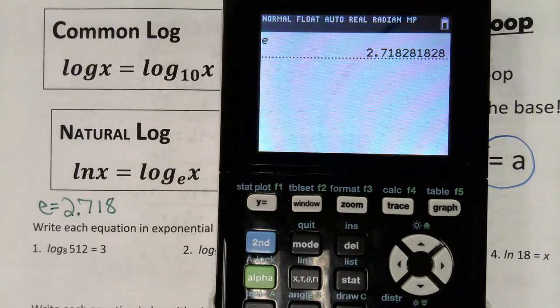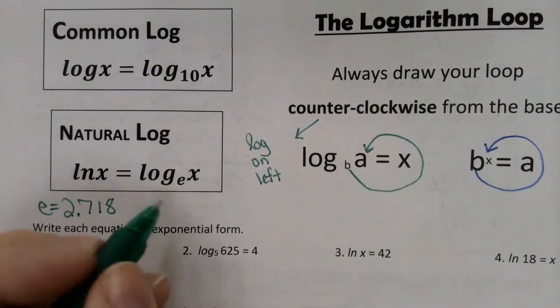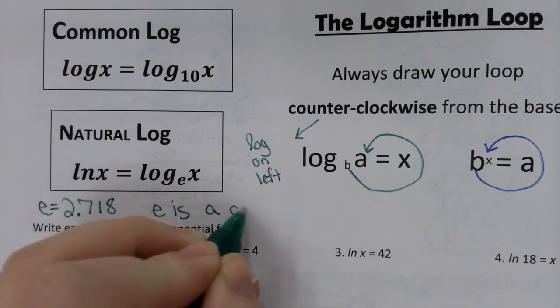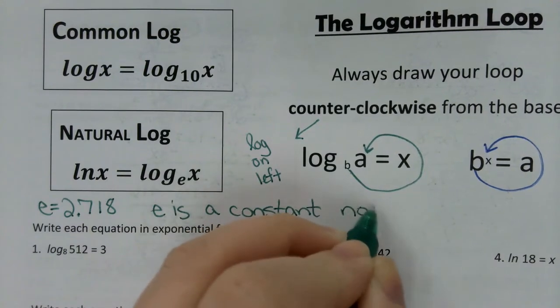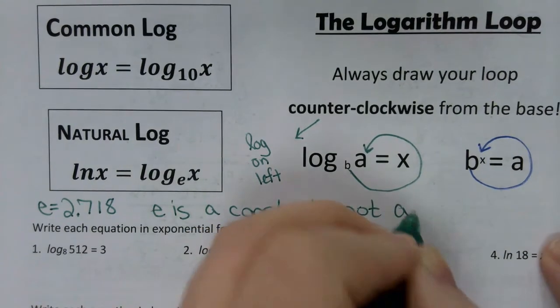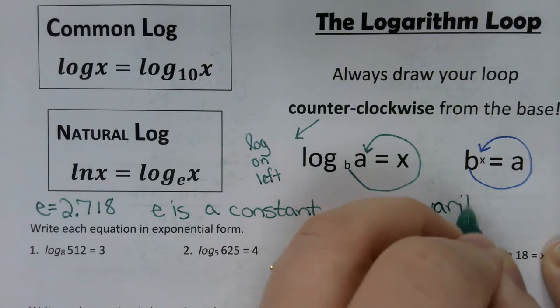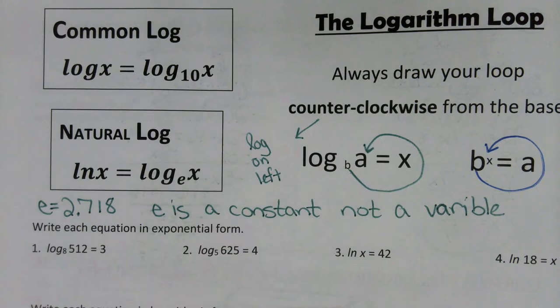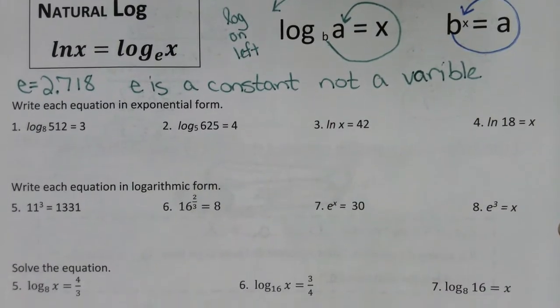It stands for a number, the same way that if you got it to say pi, it would spit out the equivalent for pi. So e is a constant, not a variable. And when we have e as a base, instead of writing it as log base e, we write ln for natural log. So you might see that as we move through some of these examples.